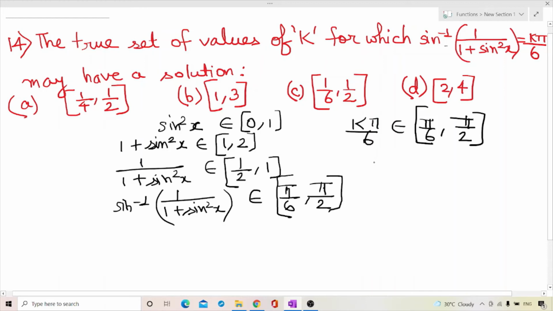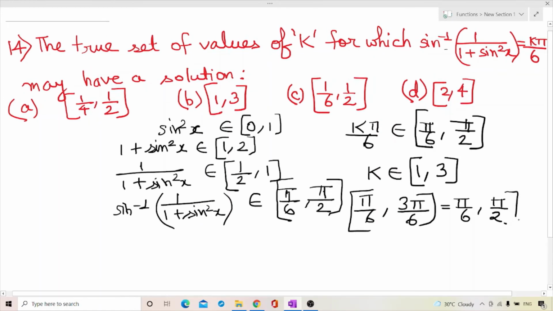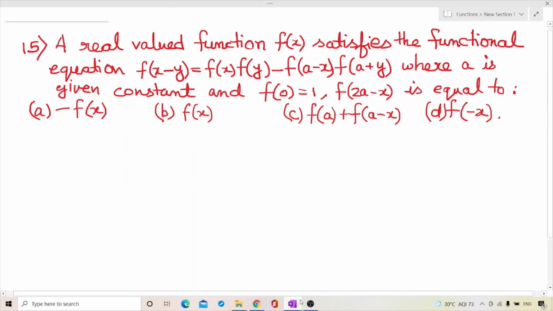Hence k belongs to 1 to 3. If k is 1, then it will be pi by 6. At k equal to 3, it will be 3 pi by 6, which is equal to pi by 2. Hence k is from 1 to 3. So the correct option is B.